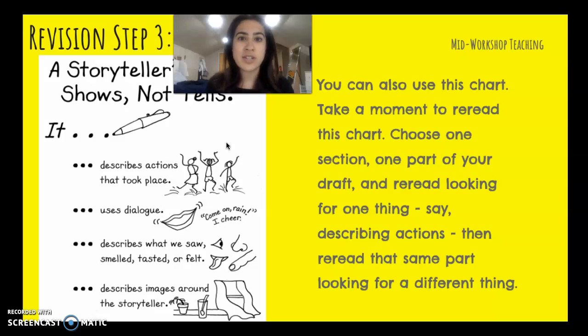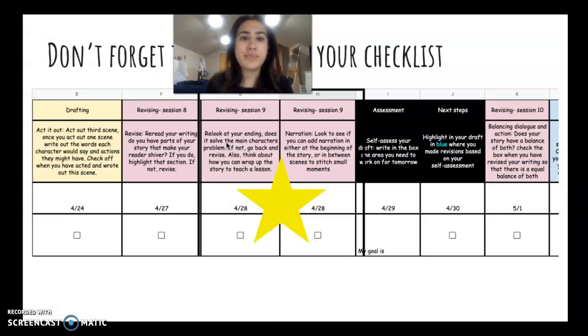You know, revision is something that is exciting because you can really see the before and after. And I know what your before is. You all sent me your drafts. And so at this point, I should see a big change from that original one to this one. And it's really up to you because you're the writer.